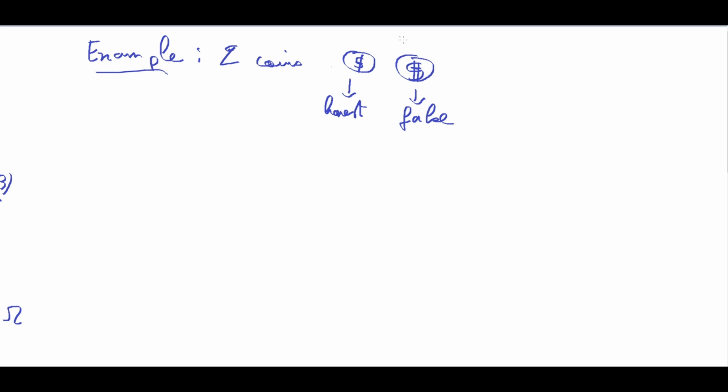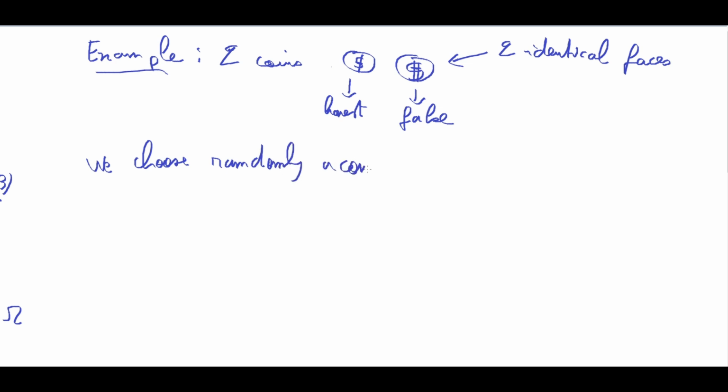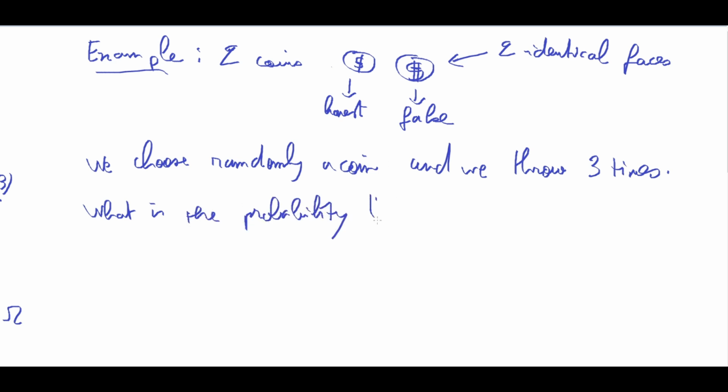There is one with two different faces and one with two identical faces. This one has two identical faces. We choose a random coin, and we throw it 3 times. What is the probability to obtain 3 times the same face of a coin?